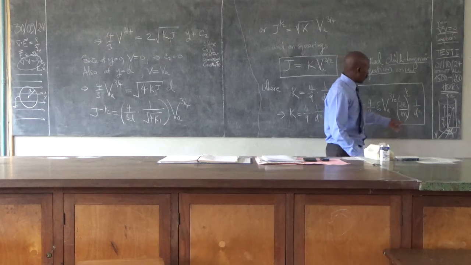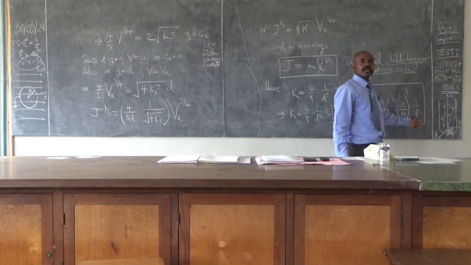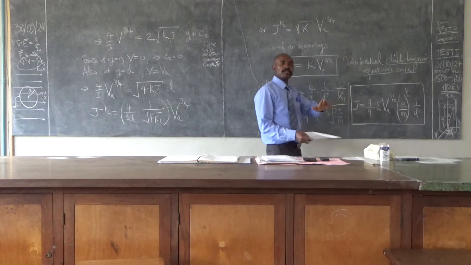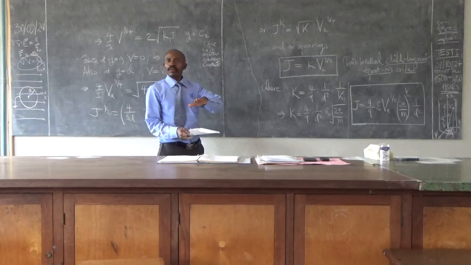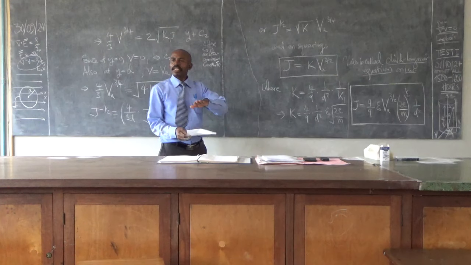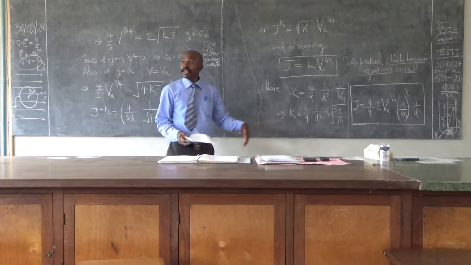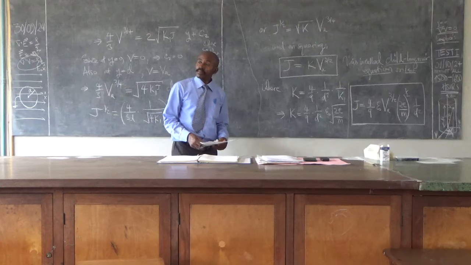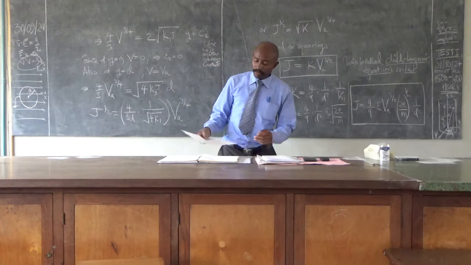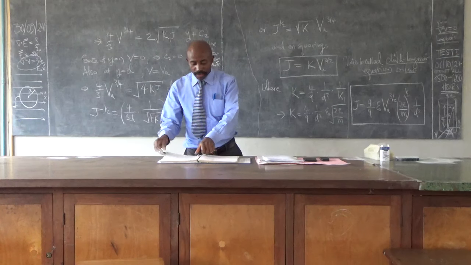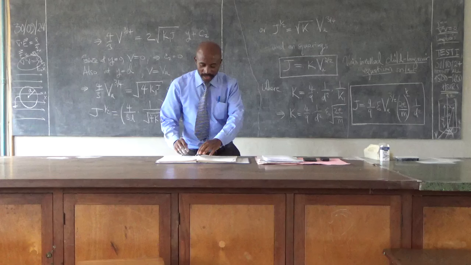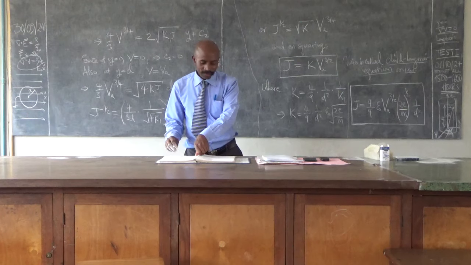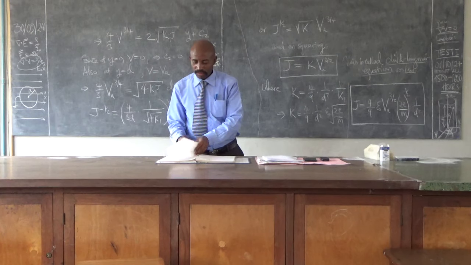If you were asked to find the separation between these two plates of this vacuum diode, that's our D, show that the separation between the plates is given by that. D would be the subject. But at least we have now been able to find the current density due to these electrons.